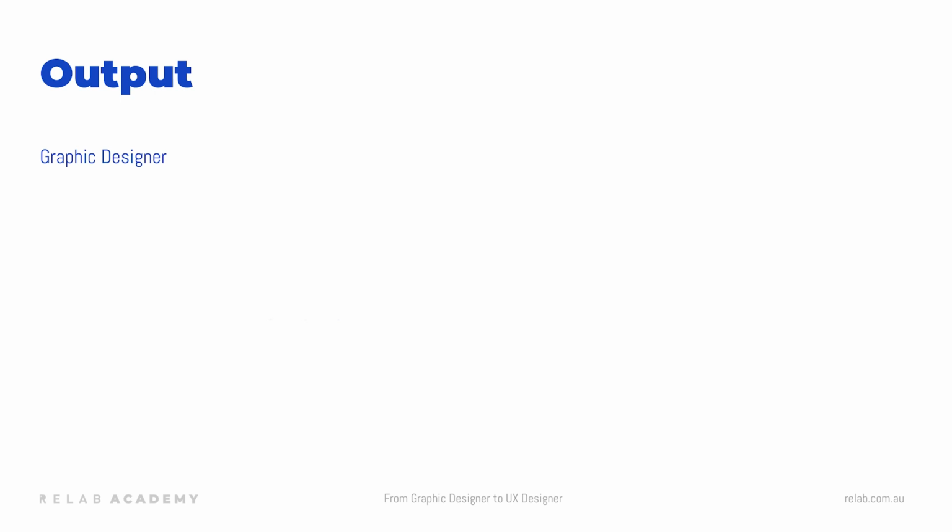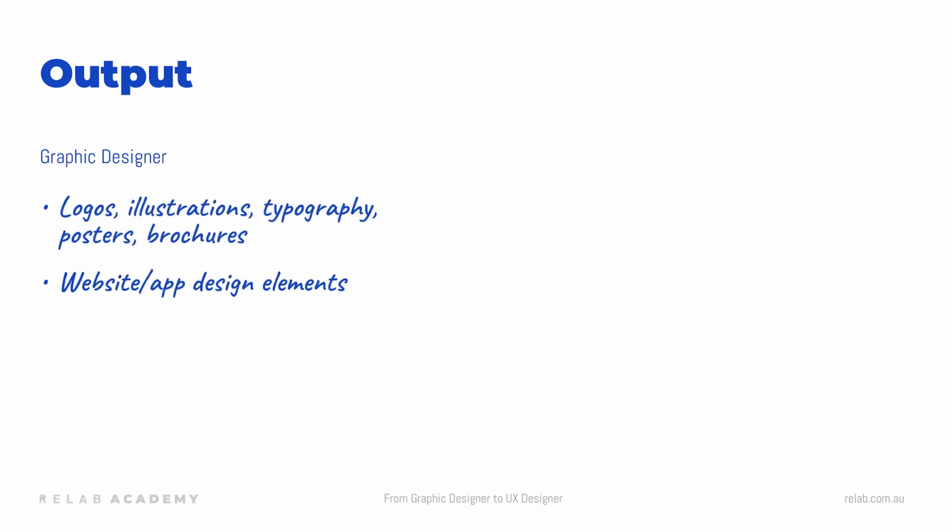The other thing that really differentiates the two oftentimes is the output that's being produced by a graphic designer versus a UX designer. A graphic designer oftentimes comes up with print or digital designs, things like brochures, website or application designs, layouts. Typography is such a big thing for graphic designers. Oftentimes you'll find graphic designers doing things like logos and branding as well.